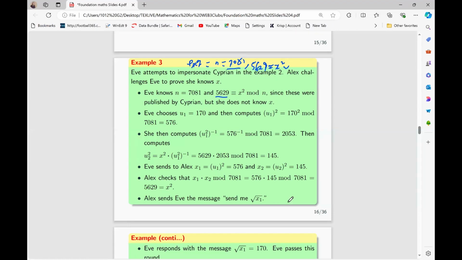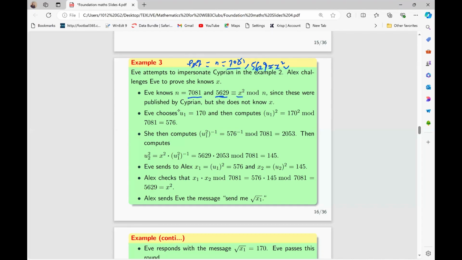This Eve was smart. Eve knows that since there's an x square and this 7081, most likely I'll be asked about the square root of x square. That is what this smart guy thought.